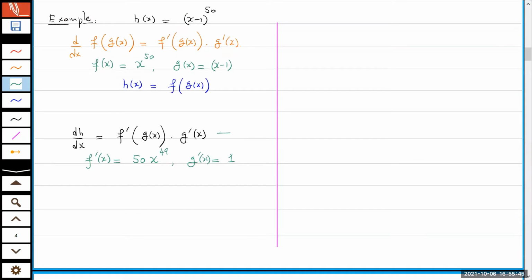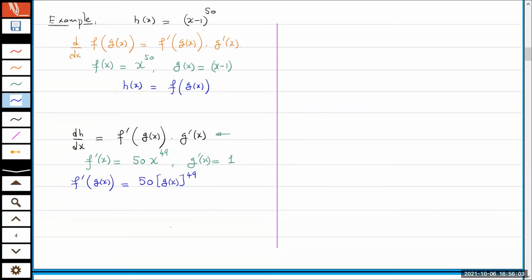Now I put everything into this formula. F prime evaluated at g of x would be equal to 50 g of x to the 49. That means dh dx equals 50 g of x to the 49 times g prime of x, which is equal to 1.